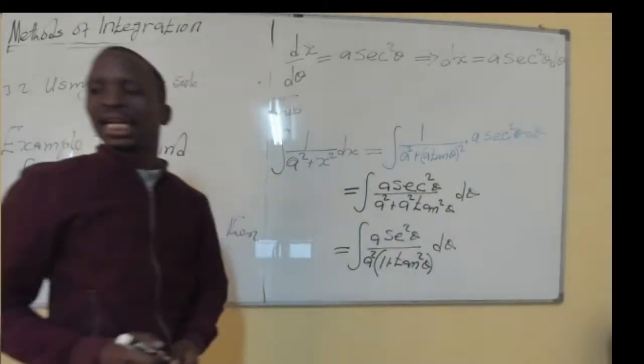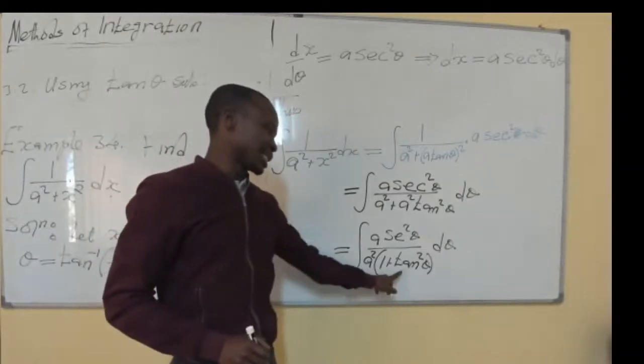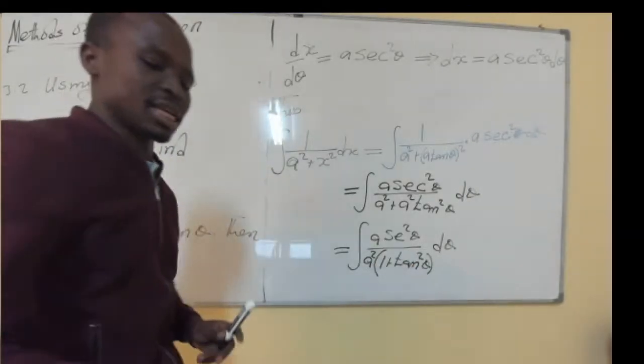But using trigonometric identities, 1 plus tan squared of theta is sec squared of theta.